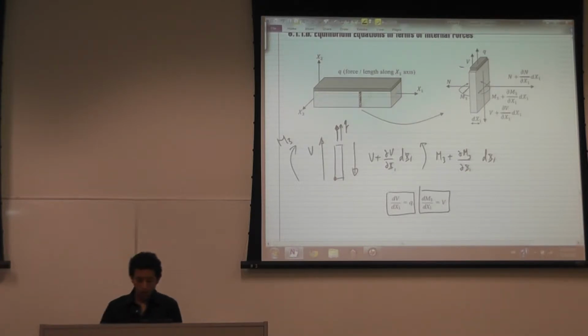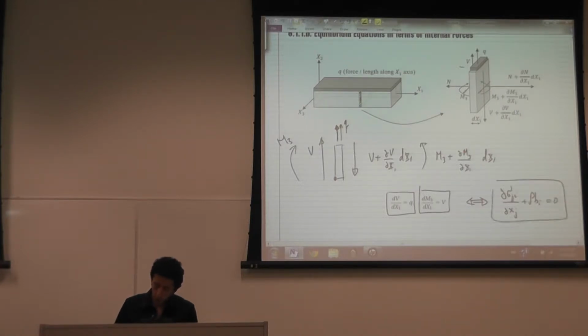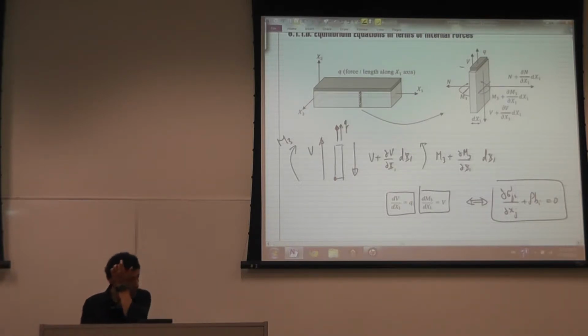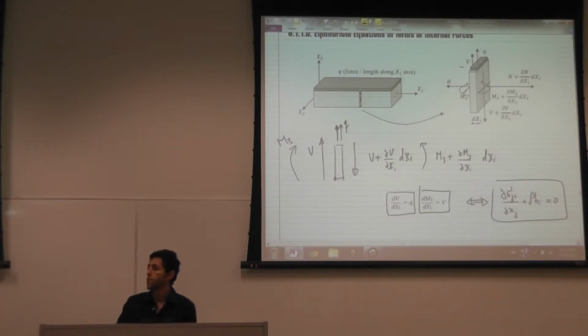So this equation of equilibrium is equivalent to the equation of equilibrium that we introduced before, but after integration. This was just at one point. This is after integration over the whole cross section. So I don't see stress, I see shear force instead, because I integrated this equation on the whole cross section.